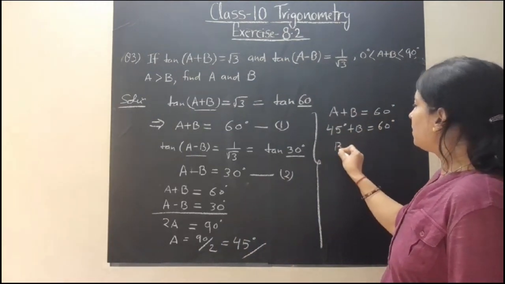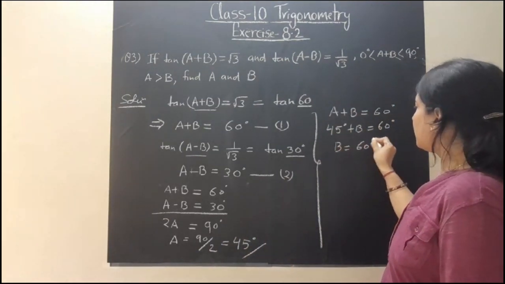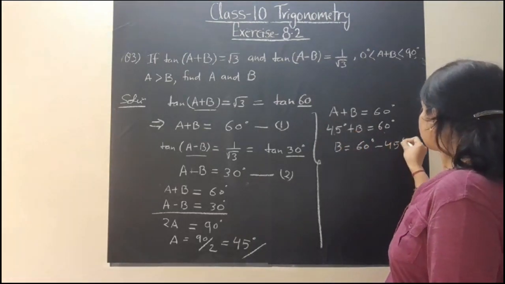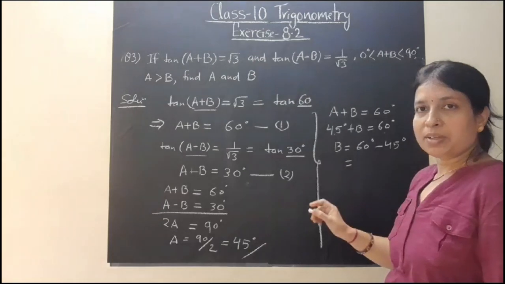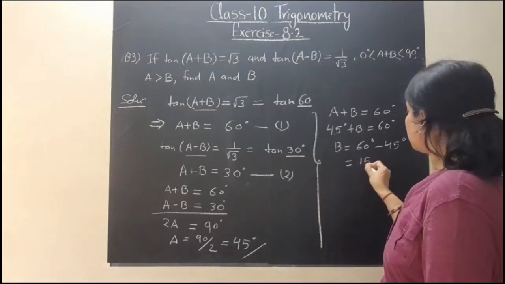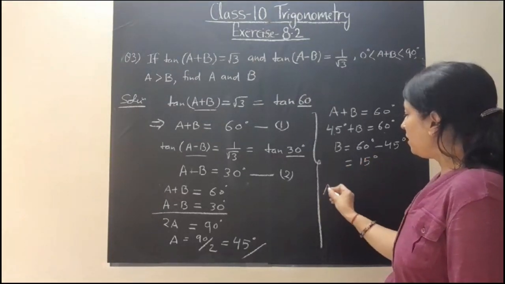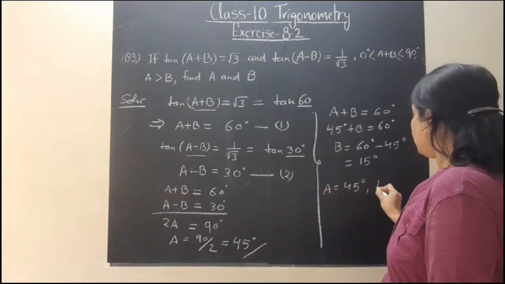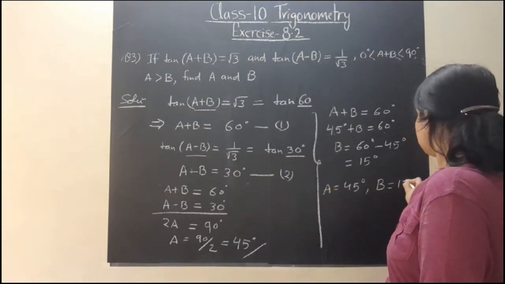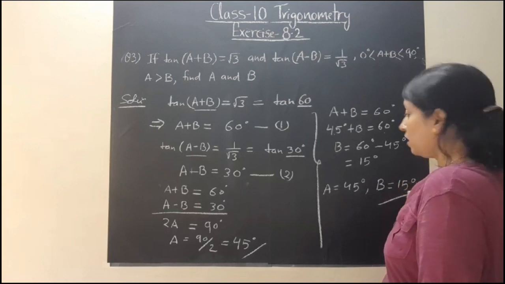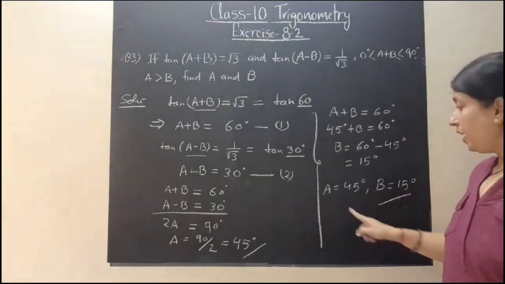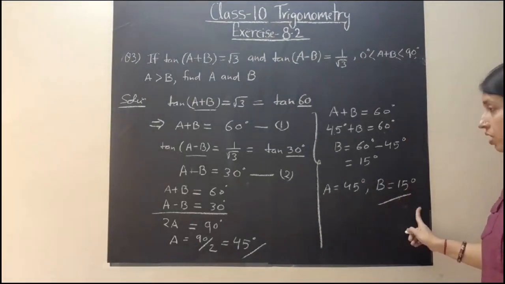So B will be 60 degree minus 45 degree, which is equal to 15 degree. So A will be 45 degree and B will be 15 degree. This one is your answer. Here A is greater than B. A is equal to 45, B is equal to 15.